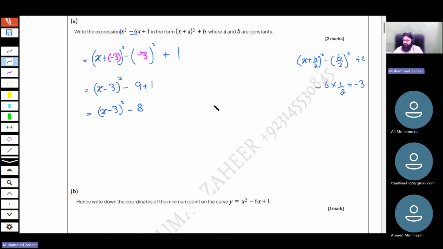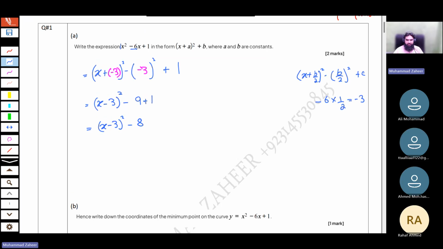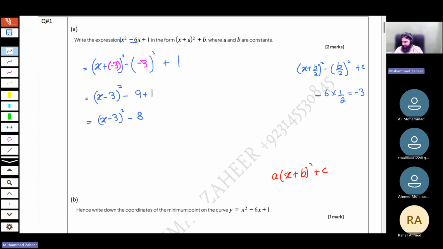Now, the next part says to write down the coordinates of the minimum point. This means we have to find the turning point, or minimum point. For the turning point, we write the equation in the form a times (x plus b) whole squared plus c. Then the turning point is the negative of b, comma c.